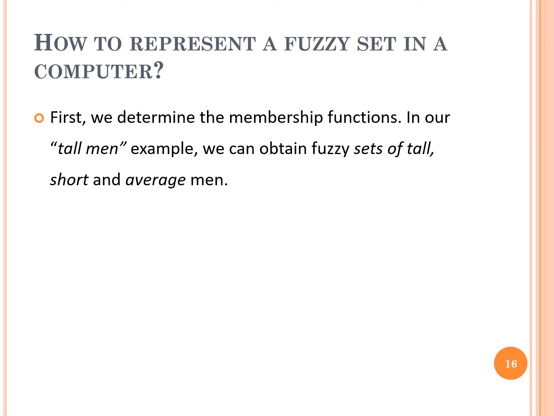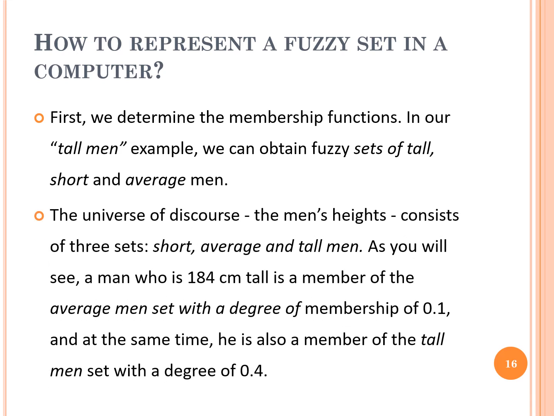This is how we set it first, where the universe of discourse is the man's height, which consists of three fuzzy sets: short, average, and tall man. This actually refers to the graph in the next slide.